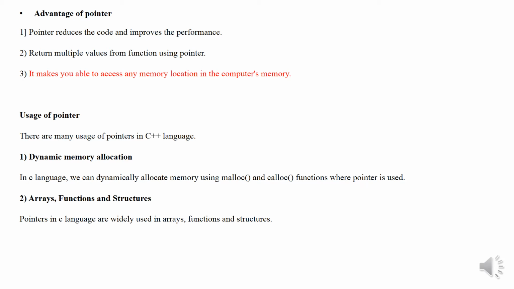In pointers, if you use a pointer in the program, there are two different types of symbols we use. The first one is ampersand. The ampersand is called the address operator and it determines the address of the variable. The second symbol is asterisk.